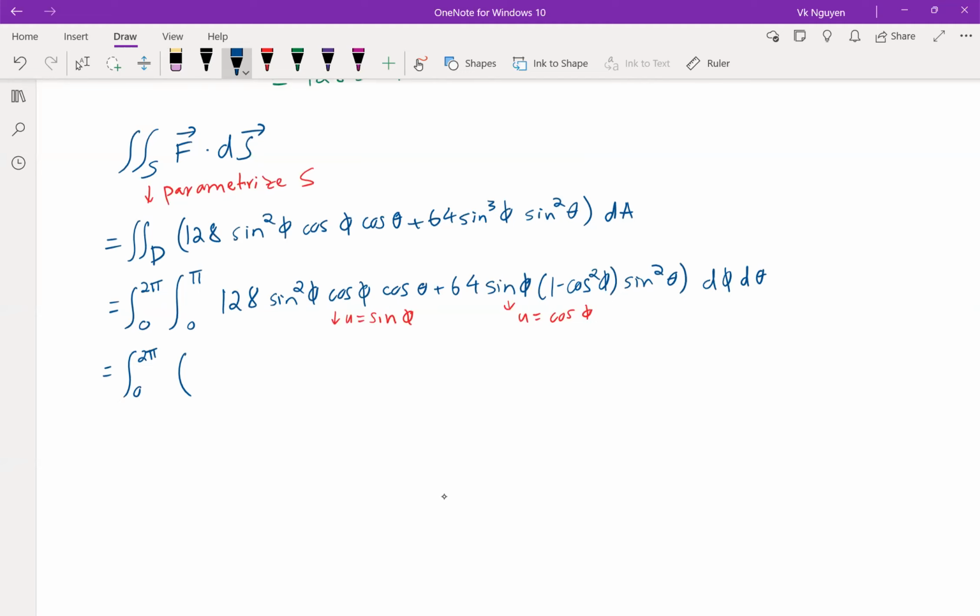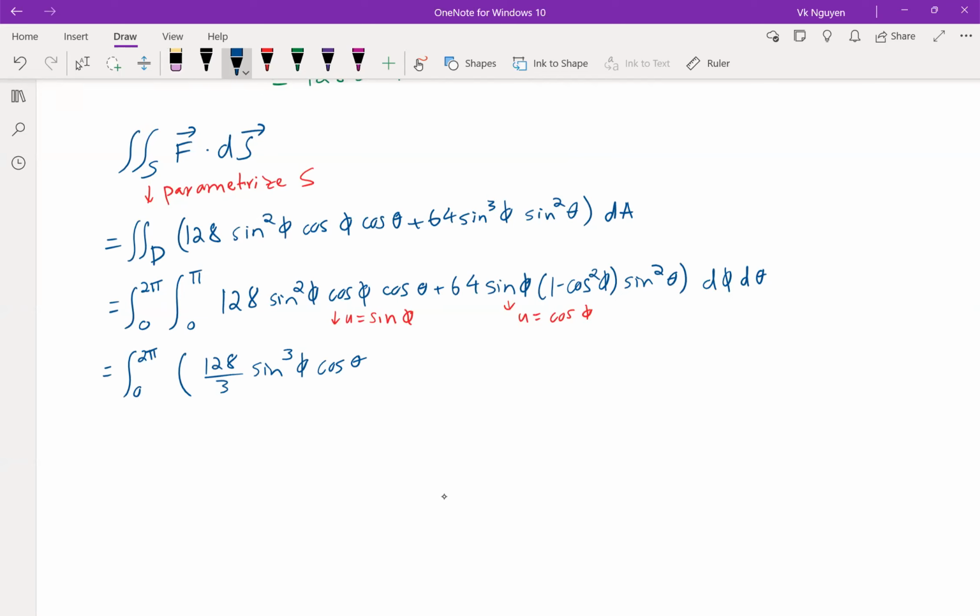Derivative of sine is cosine, so we get rid of that cosine, and then it's going to be a sine cubed over 3, so it's going to be 128 over 3 sine cubed phi cosine theta. I'm gonna do the substitution all the way later.